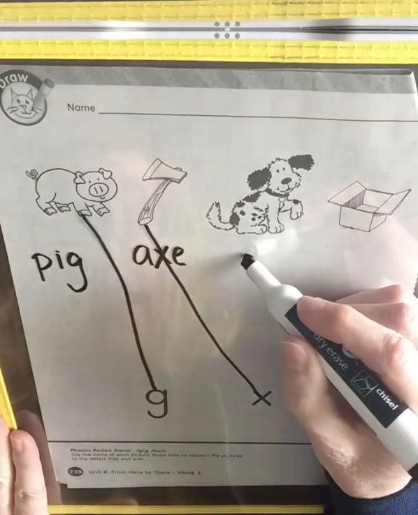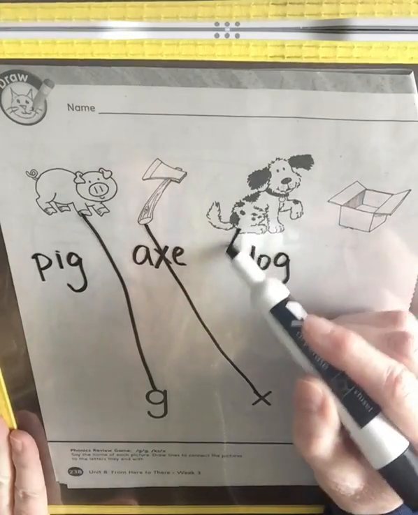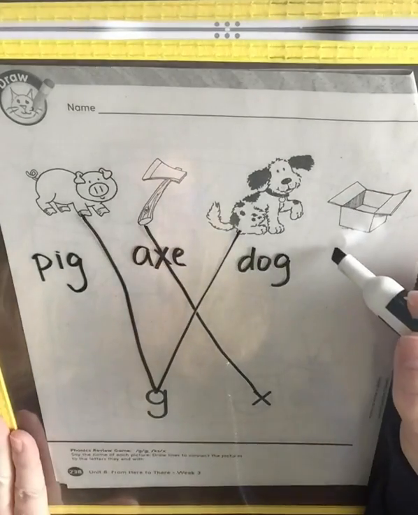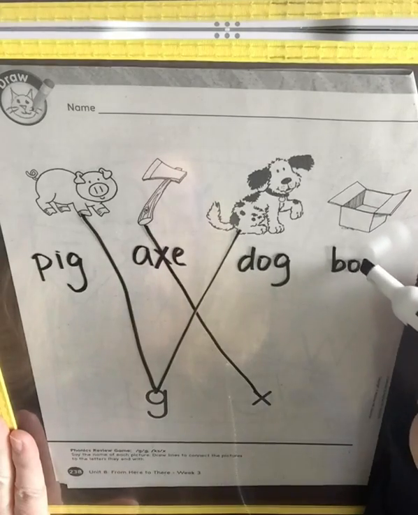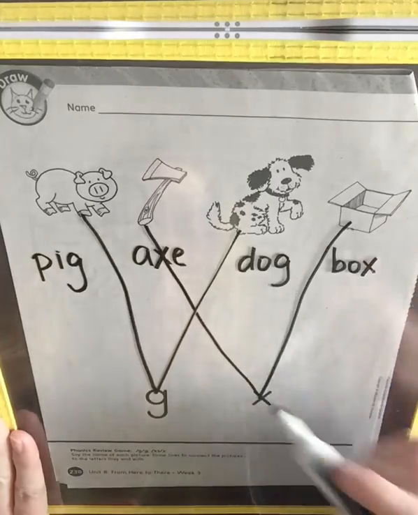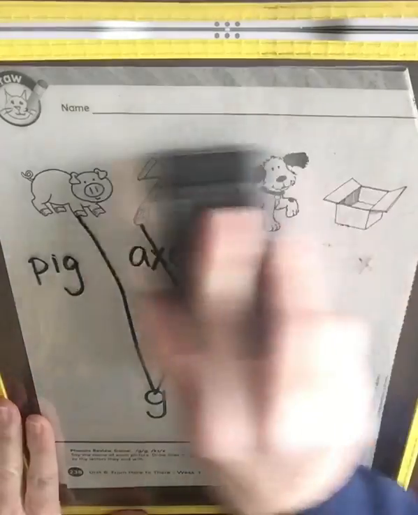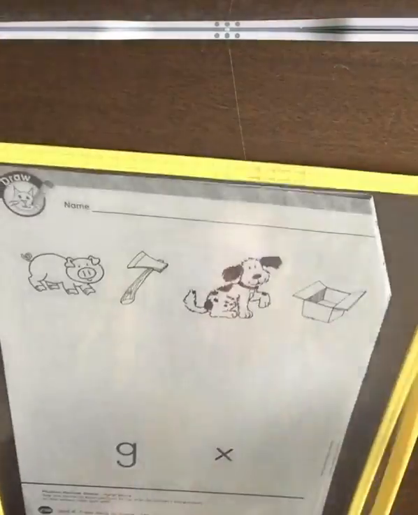Dog. That ends with a G. And box. That ends with an X. Very nice. You can write them if you want, or just draw the lines. It's all good. Let's turn the page.